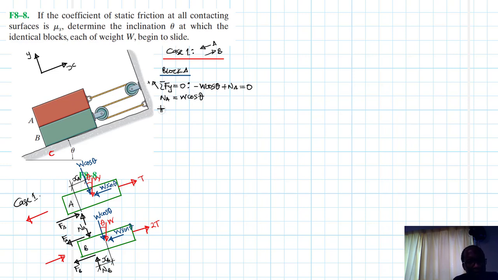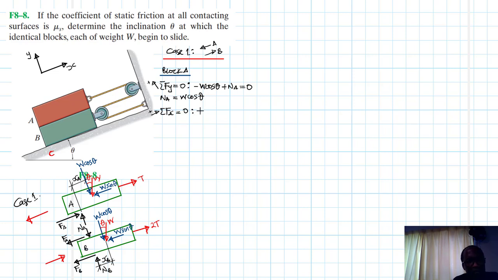Alright, then we have summation of forces in the X equal to 0. Of course, going in this direction, in our reference. Right, what do we have?